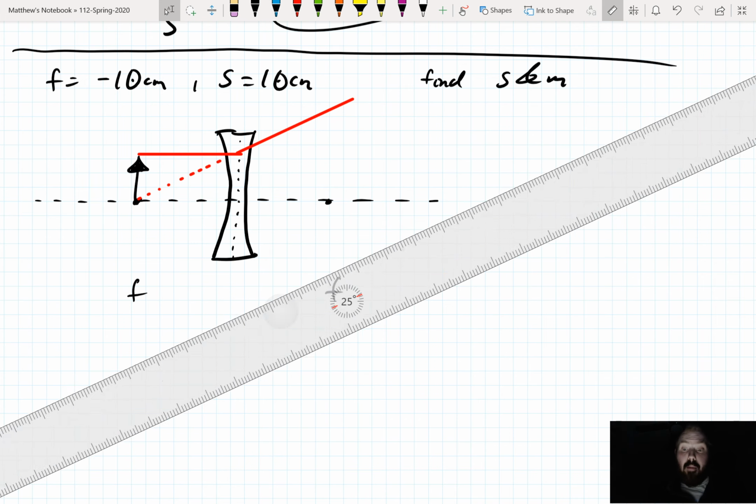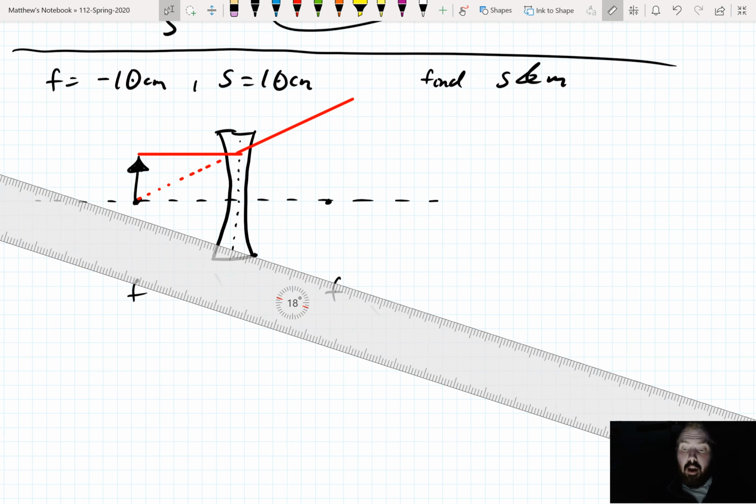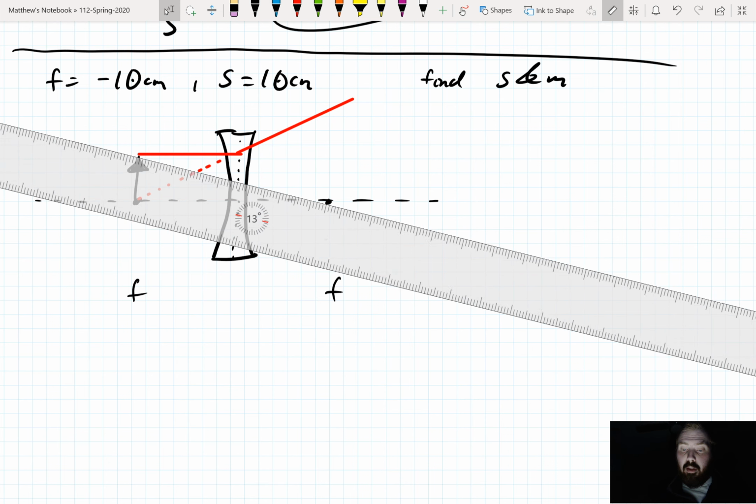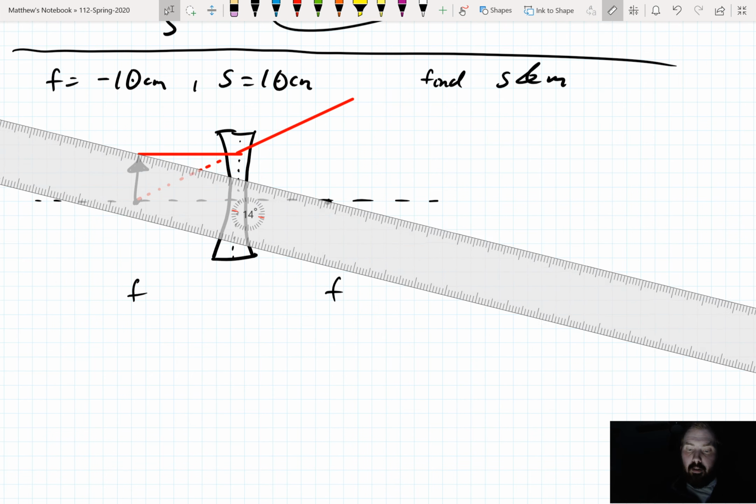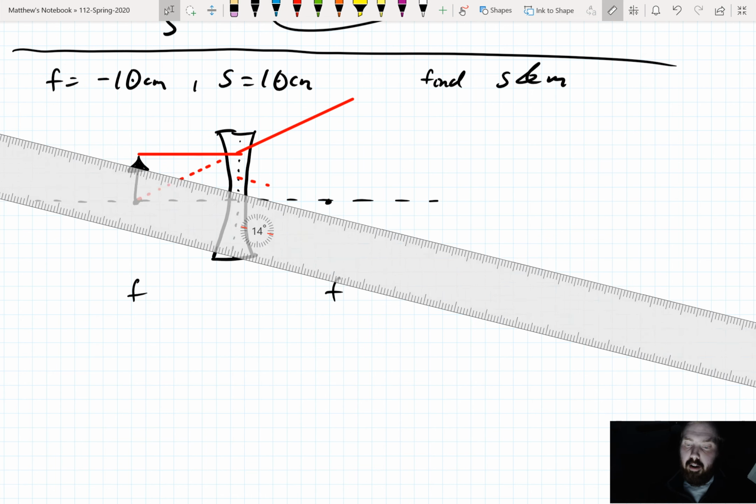And this time I'll aim at the far focal point.